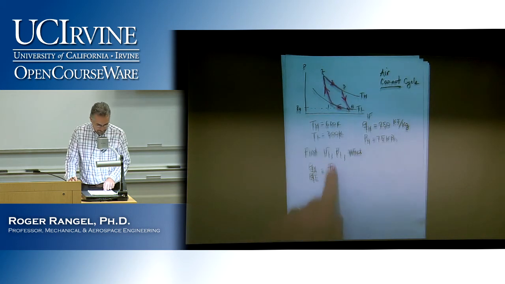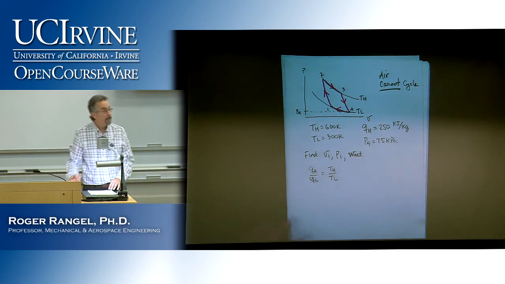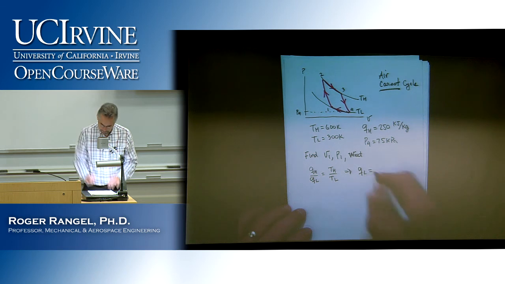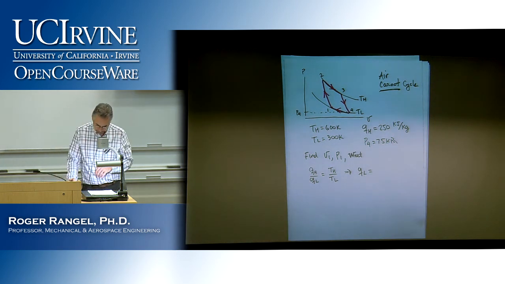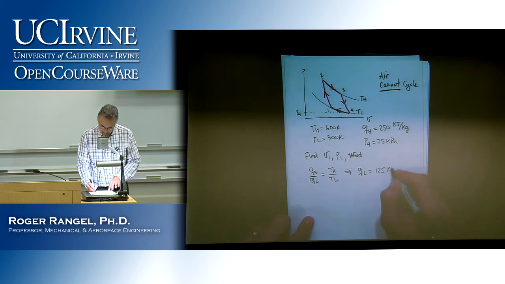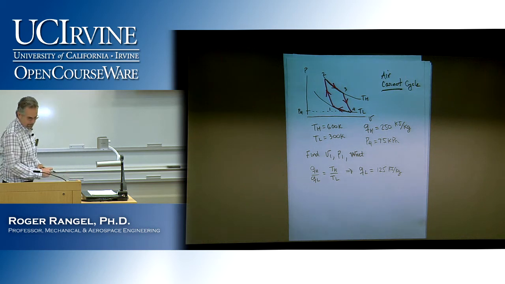I have these temperatures, and I have the Q sub H. So the only unknown here is the Q sub L. So I can get the Q sub L from here, and if you plug in the numbers, you will get 125 kilojoules per kilogram.